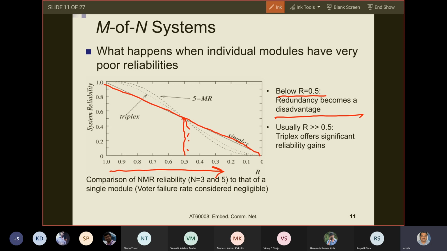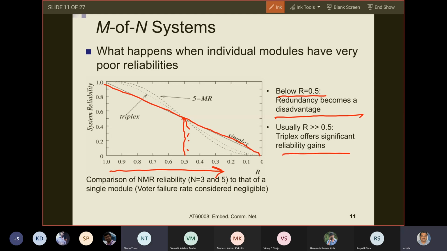However, if the reliability of an individual component is higher than 0.5, then the reliability of the overall system will be enhanced. Otherwise, it will not be enhanced with respect to a single component. Is that okay?